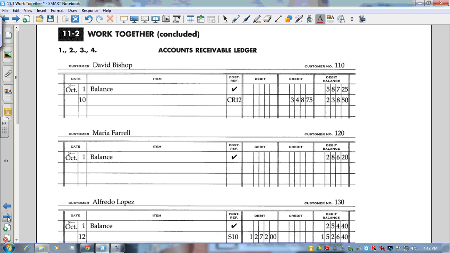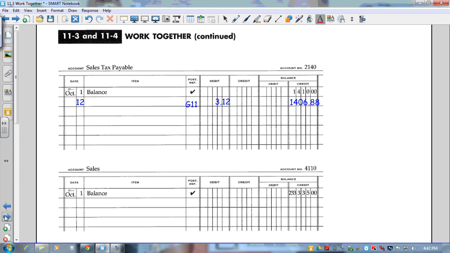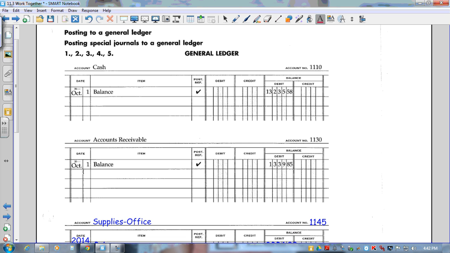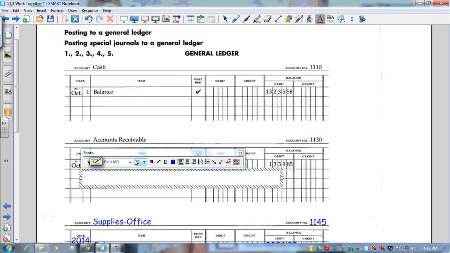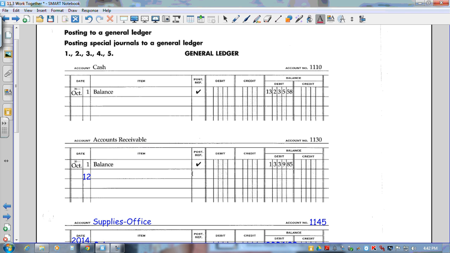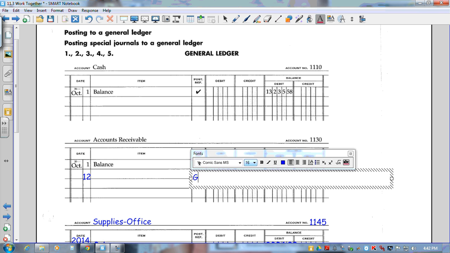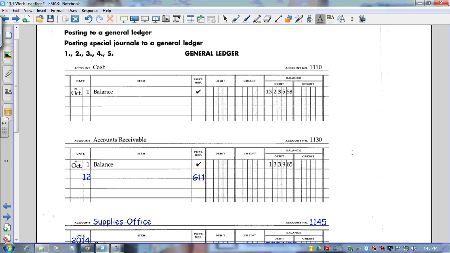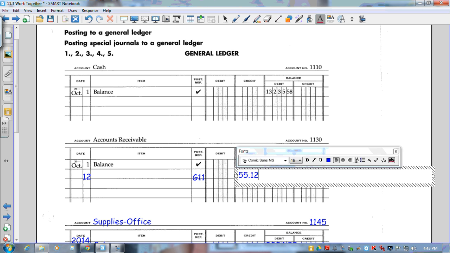So this time I'm looking for accounts receivable in my general ledger. Accounts receivable, here it is, October the 12th. This is going to be G11 for General Journal 11. It was a credit of 5512, so I'm going to put it in the credit column.